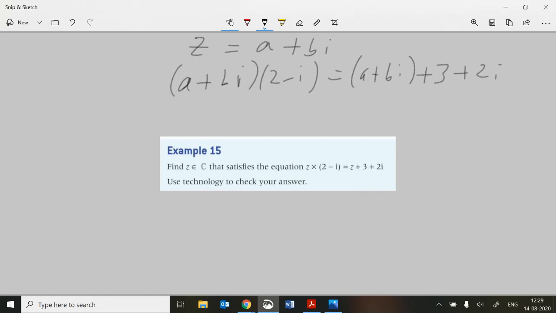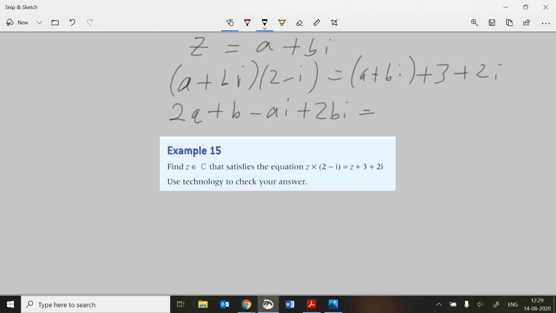Okay, so if we multiply out the first set of brackets, you can get 2a, and I'm going to deal with the real parts first. So we're getting minus b times i squared brings you back to plus b, and then we're getting 2a, no, sorry, not 2a, minus ai, and then we're getting 2bi as well, so plus 2bi.